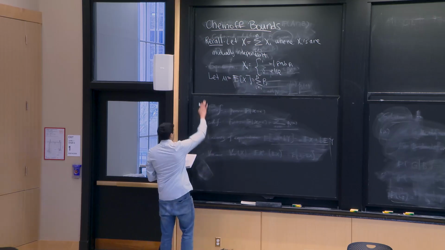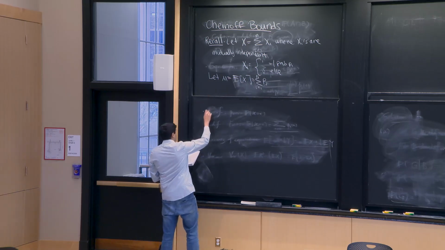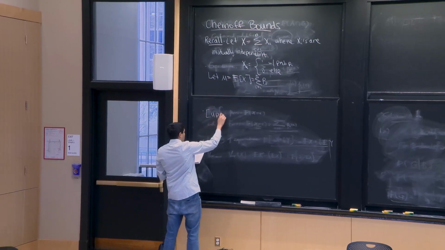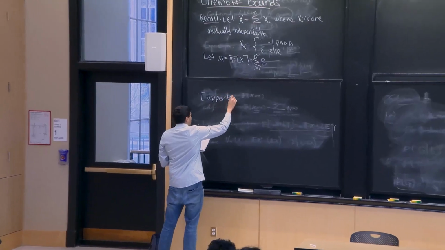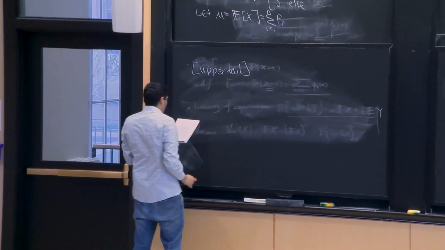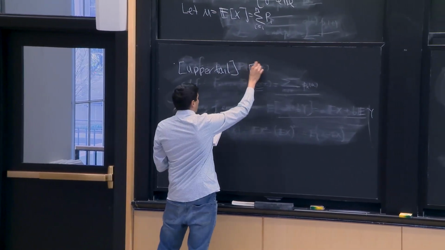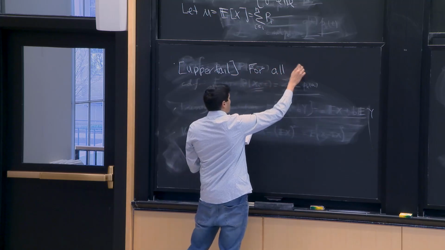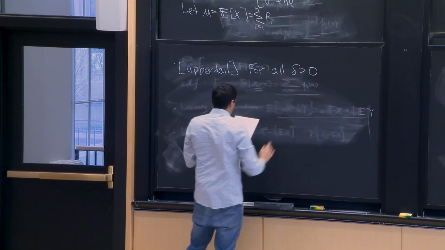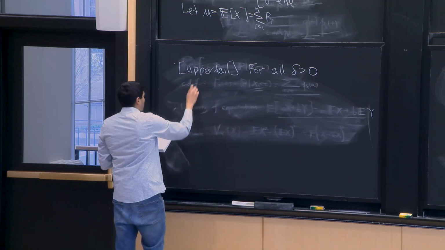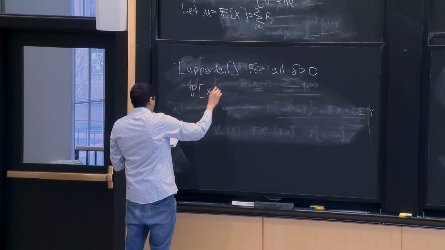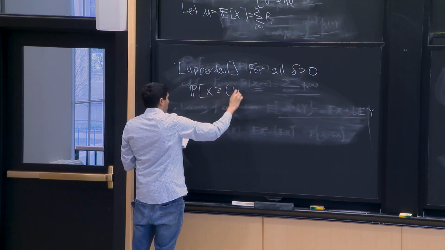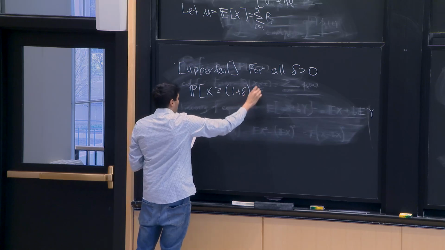So the Chernoff bound comes in a lot of different flavors. Let me state a few different versions you might care about. First, there's what's called the upper tail, which is the probability that the random variable is way larger than its expectation. So for all delta greater than 0, we can look at the probability that x is larger than its mean by a 1 plus delta factor.